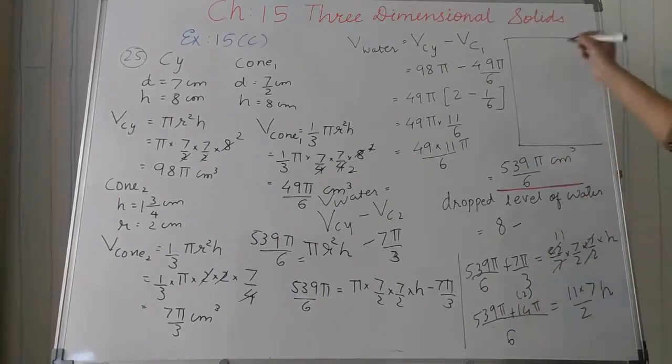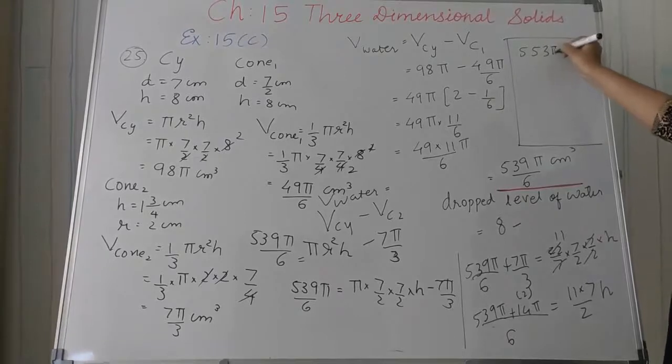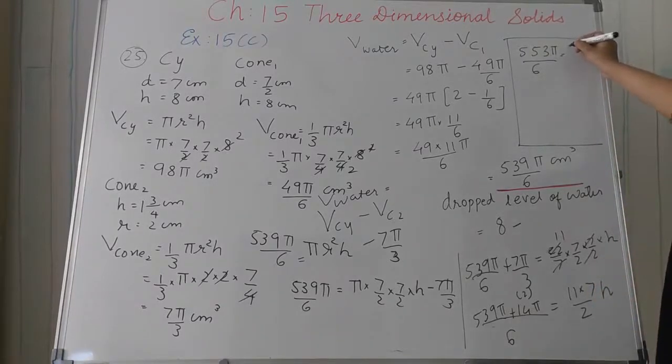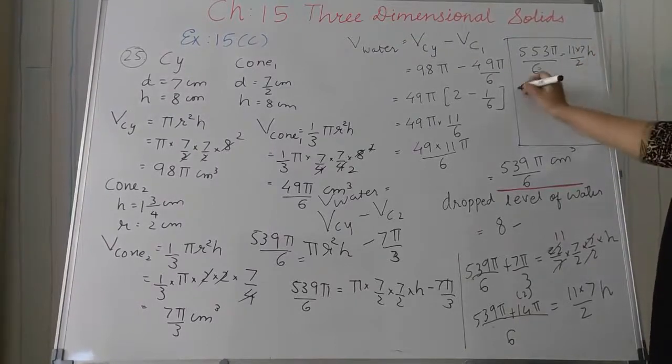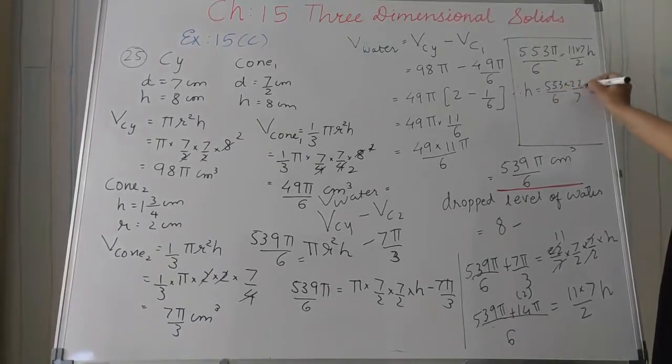So 9 plus 4, 13. 5, 5, 3 pi by 6 is equal to, actually we can cut pi on both sides, 11 into 7 by 2 h. So now h value is equal to 553 into 22 by 7, 6, 2, 11 into 7.